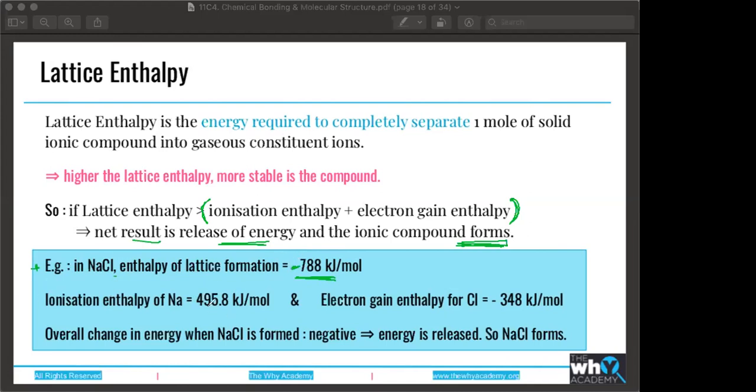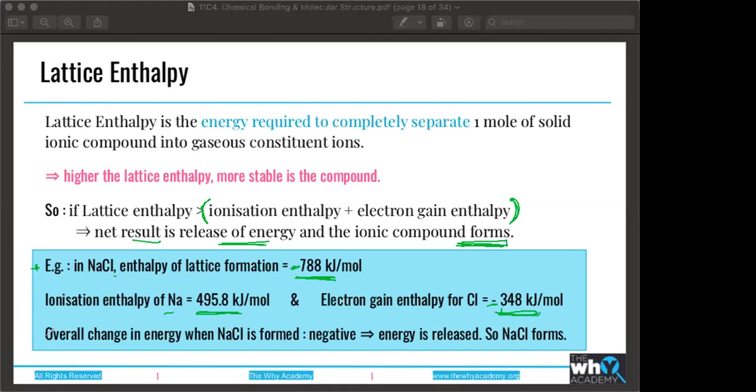Ionization enthalpy is 495.8 kilojoules, which means you need to give this much energy to produce 1 mole of Na+ ions. And electron gain enthalpy is minus 348 kilojoules, which means this much energy is released when 1 mole of Cl- ions is formed from Cl.